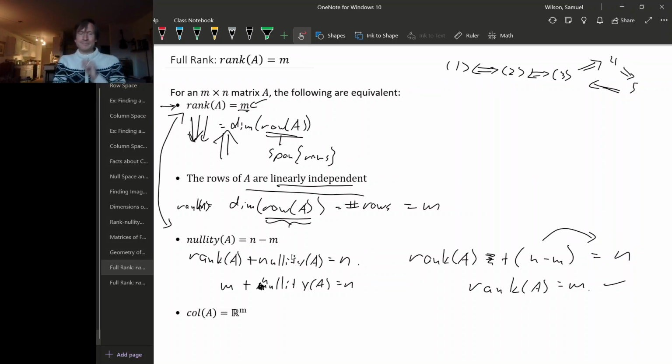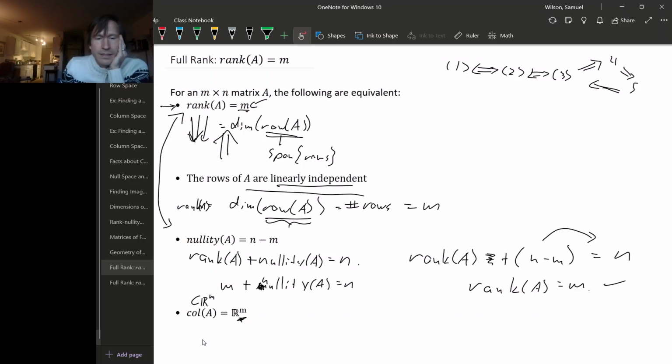All right. Now let's show that rank being equal to m is equivalent to the column space of A being all of Rm. Remember, since each column has m entries, this column space is definitely contained in Rm, but the question is, is it all of Rm?